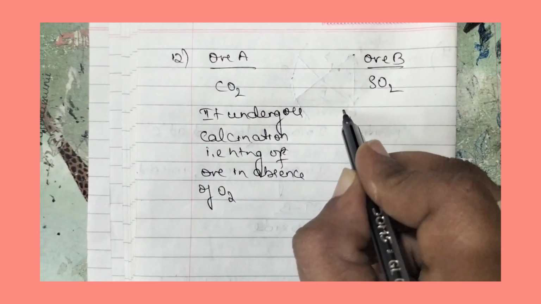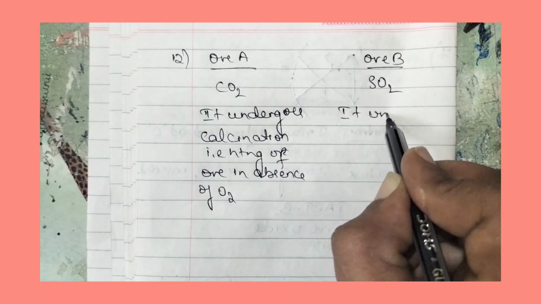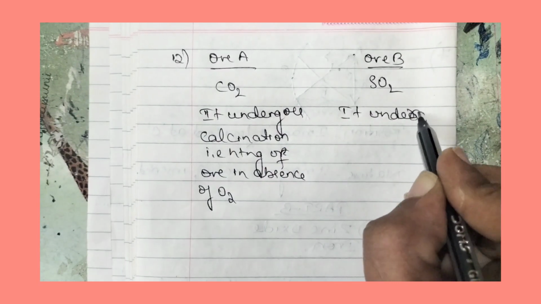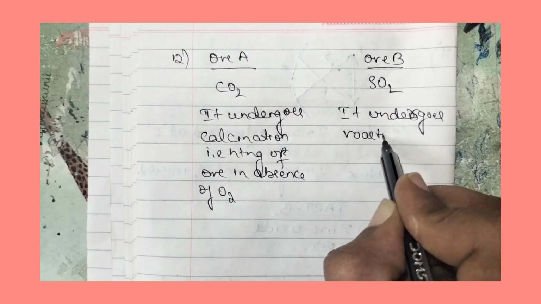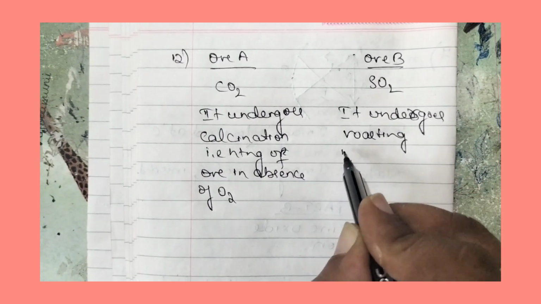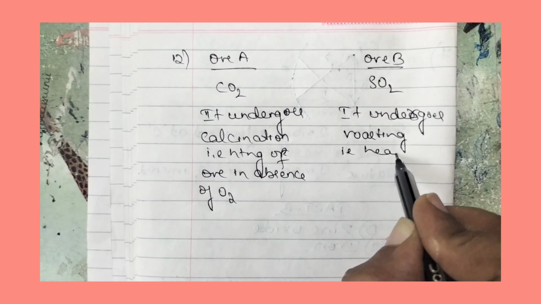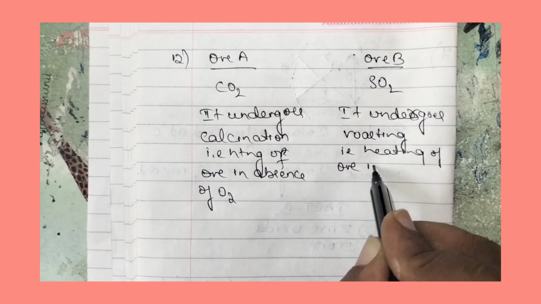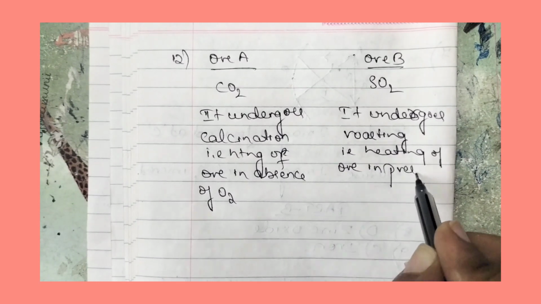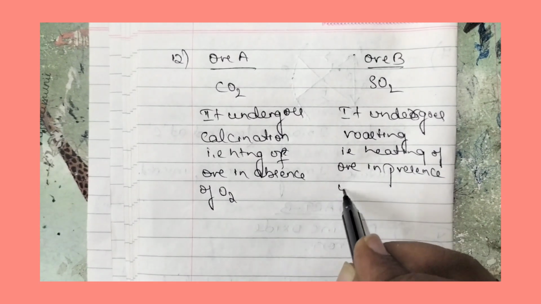Then ore B undergoes roasting, that is heating of ore in presence of oxygen.